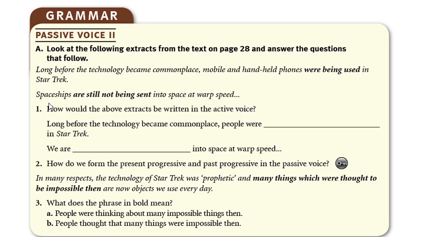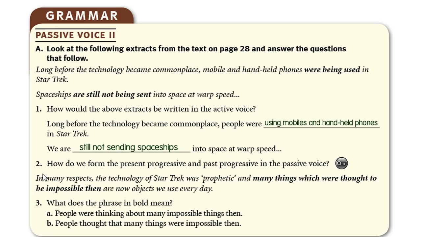Spaceships are still not being sent into space at warp speed. 1. How would the above extract be written in the active voice? كيف يكتب في المبني للمعلوم؟ Long before the technology became commonplace, people were using mobiles and handheld phones in Star Trek. We are still not sending spaceships into space at warp speed.